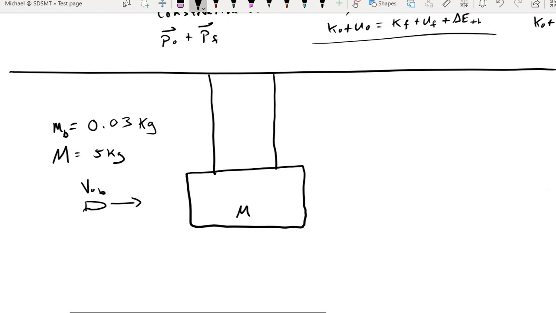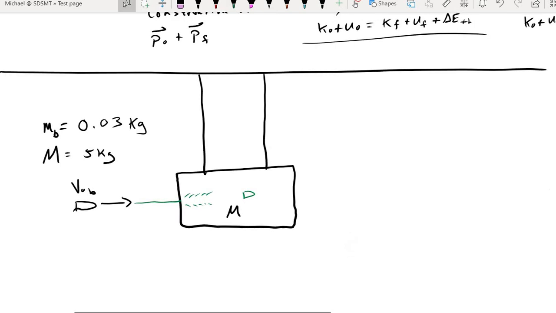So what I have here are 2 strings, and when we fire the bullet, it is going to enter the log segment until it eventually becomes lodged within the log itself. We don't want the bullet to go all the way through.